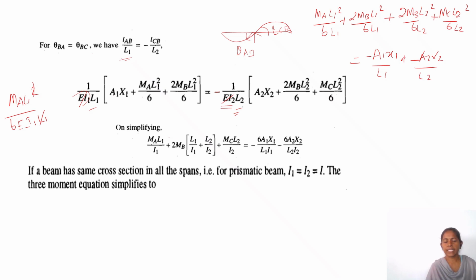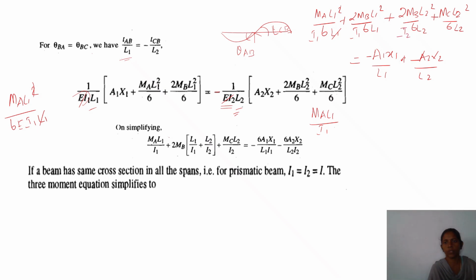So you take 6 outside and bring it to the right side and cancel L1 here. So it will become MA L1 by I1. You cancel only E. So it is I1. Here you put I1 in all the terms, and I2 for this term, here also I2, and for this term also I1 and I2.